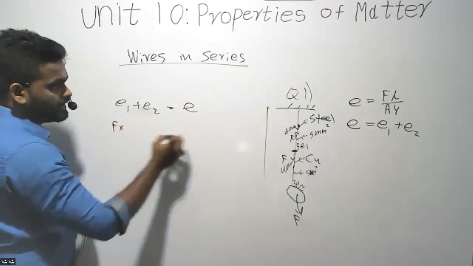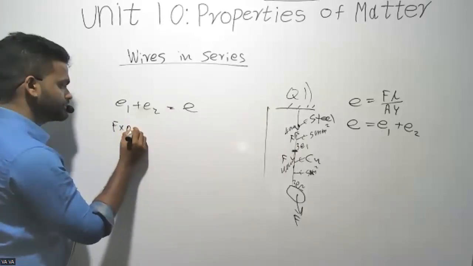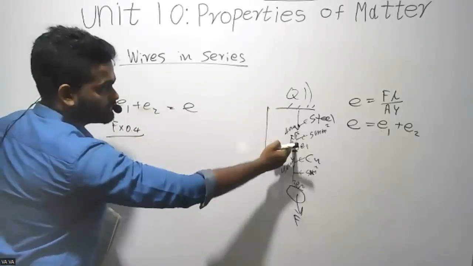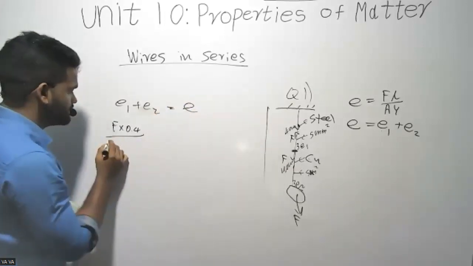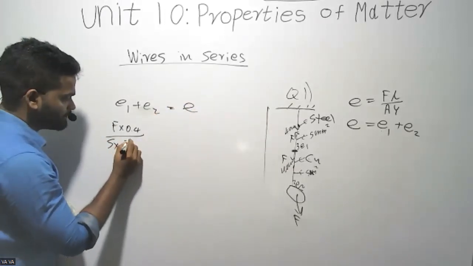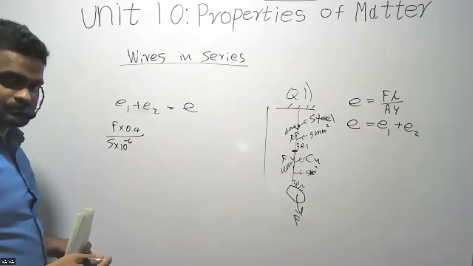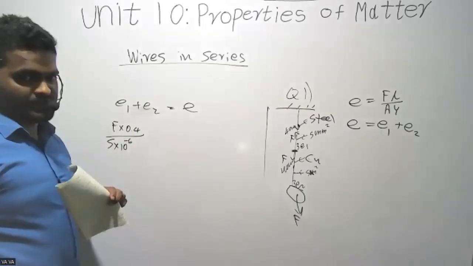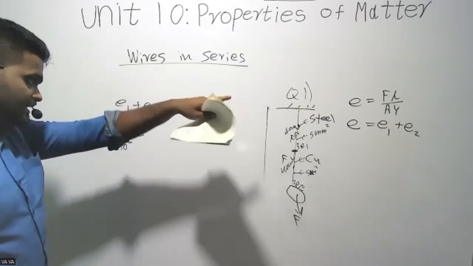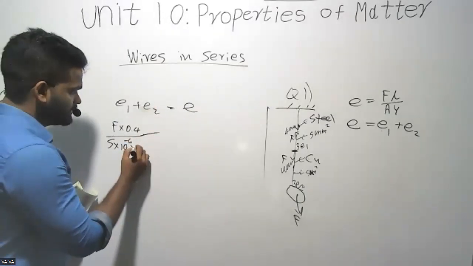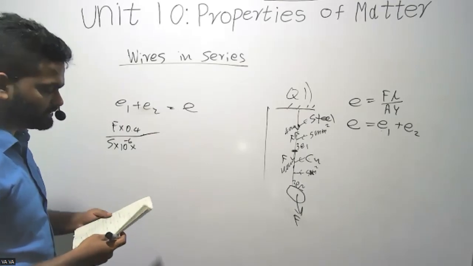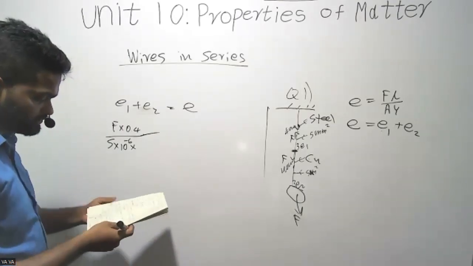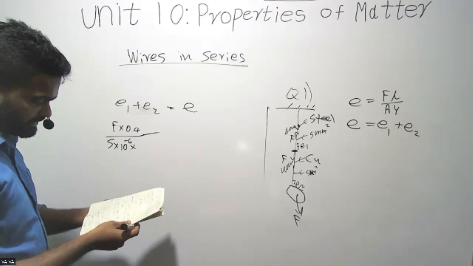The length is 40 centimeters, 0.4. Then the cross section is 5 square millimeters, which when converted into square meters is 10 to the power minus 6. Then you have the Young's modulus for steel. Earlier you had that data, right?